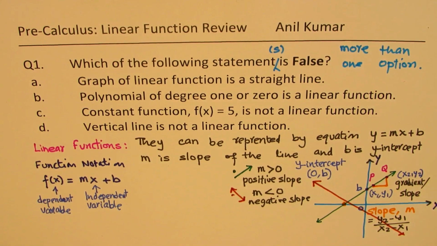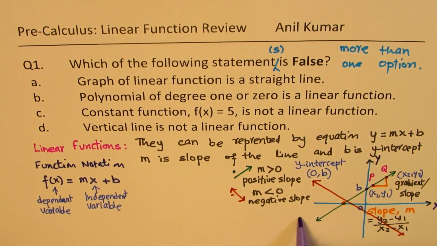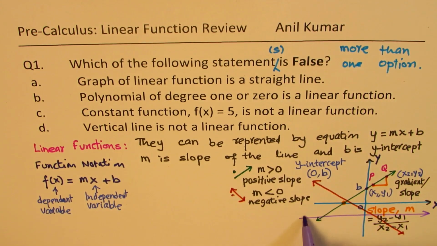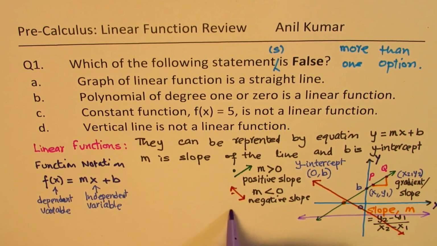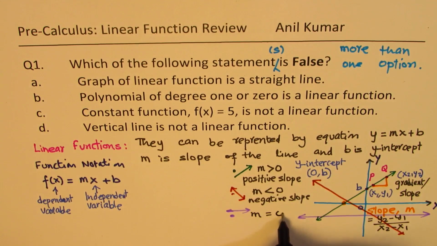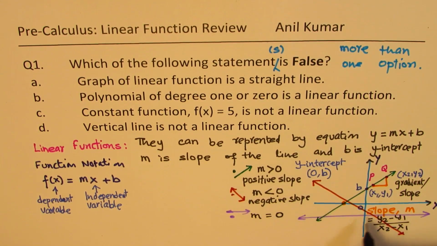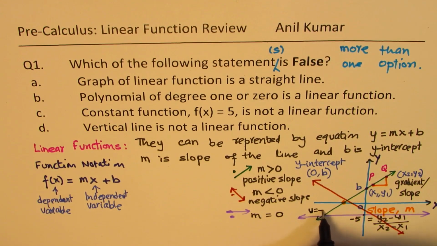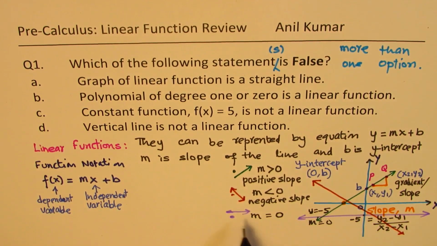Now, we could also have a line which has zero slope. For example, if I draw a line here, this line, which is a horizontal line, has slope m equal to 0. If we have the y-intercept, let's say in this case minus 5, then y equals minus 5 is the equation since m equals 0. You understand?